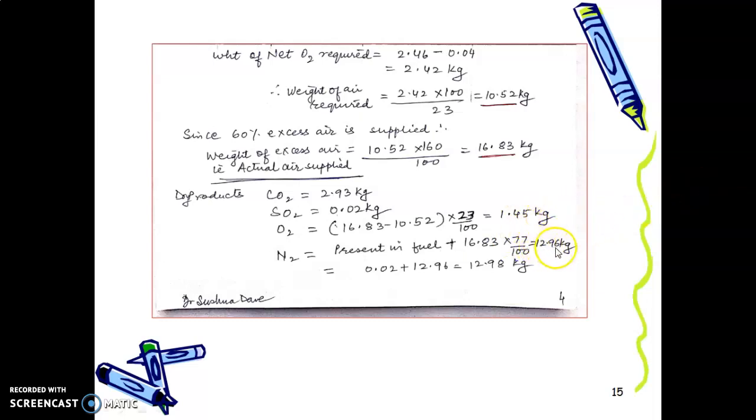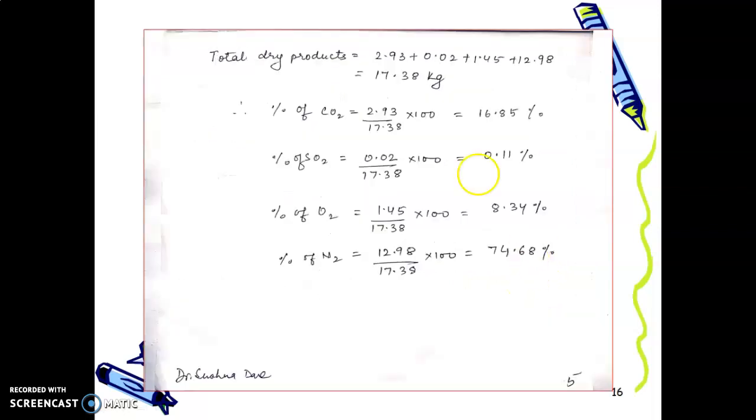This comes out to be 12.96 kg. Now we add both these amounts, 12.98. To calculate the total dry products, all four values are added. This comes out to be 17.38 kg.